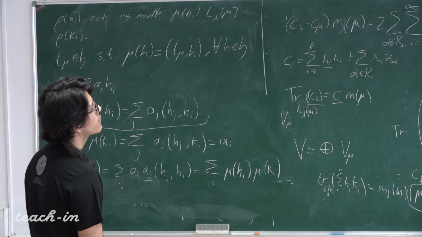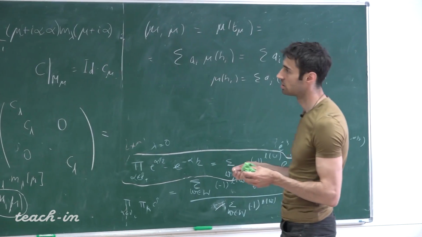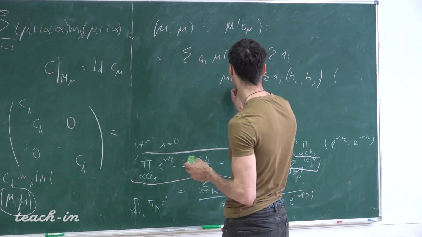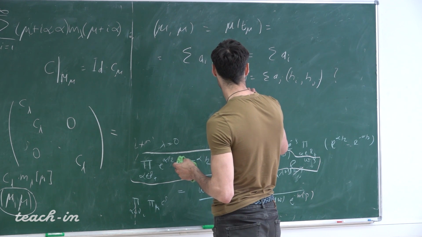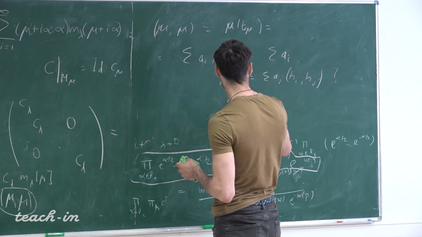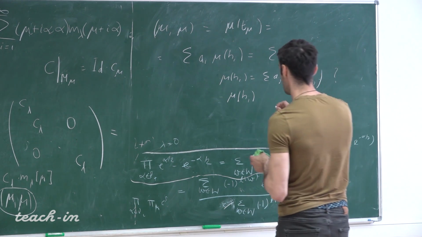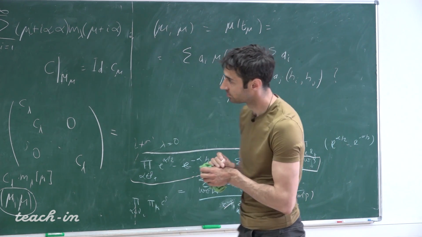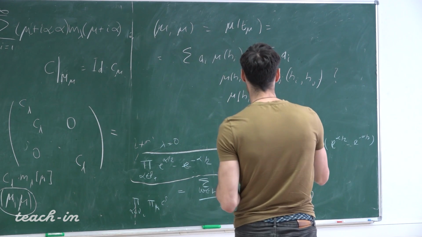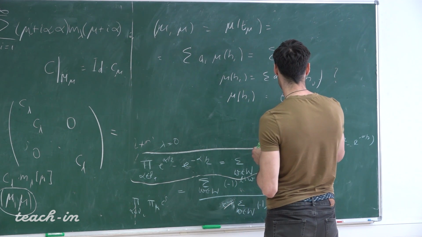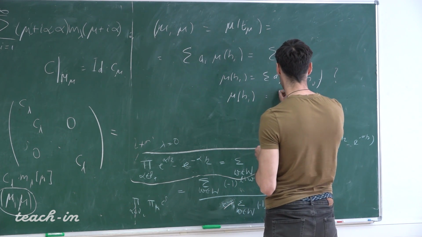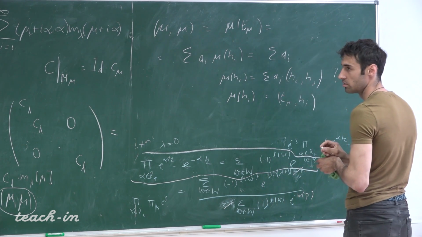Right. So mu of h_i, it is actually t mu with h_i, right? Again, by definition.